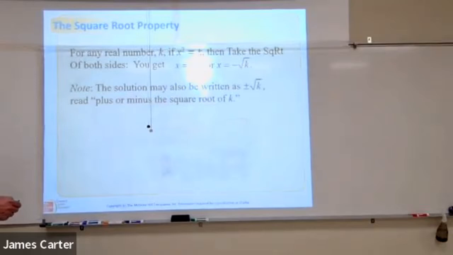This can be written as that. Now, why? Because any number squared on itself, whether it be positive or negative, is going to be positive. Exactly right. Any squared number could either be positive or negative. When you square it, the negative goes away.